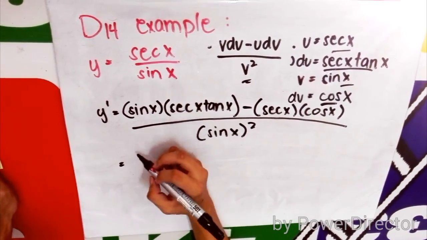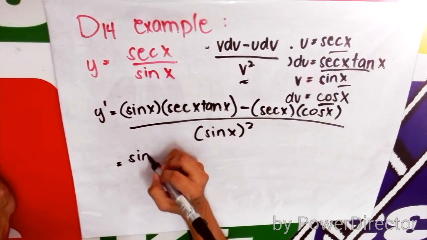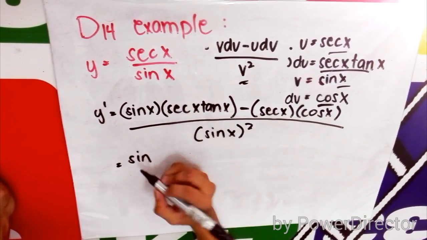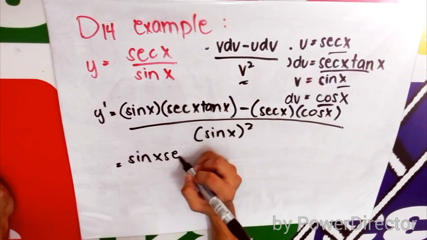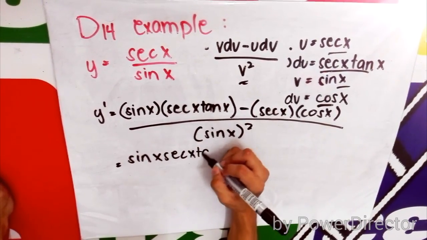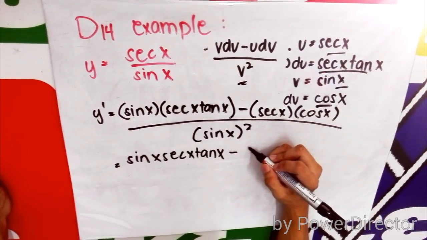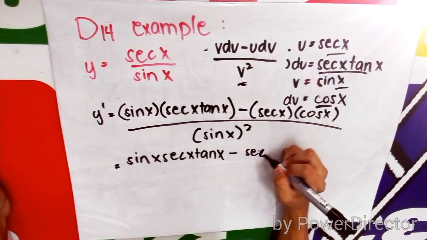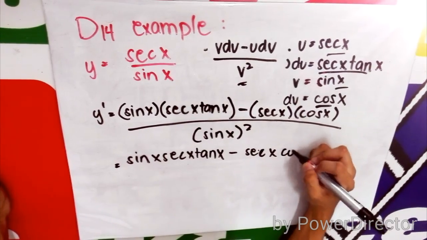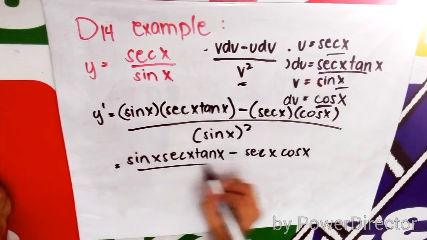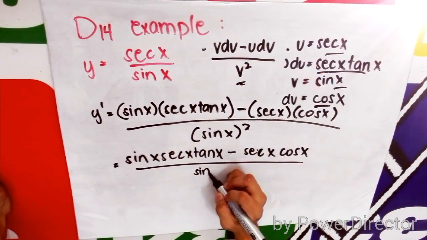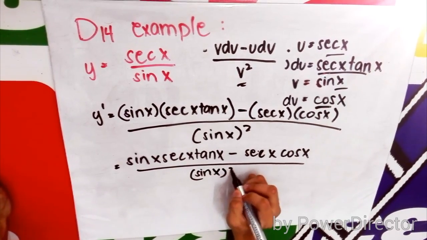Then you have to multiply the following factors: sine x and sec x tan x. The answer is sine x sec x tan x minus the product of sec x and cos x, over sin x squared.